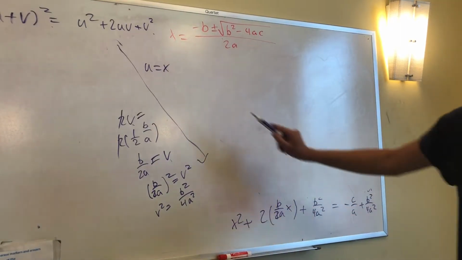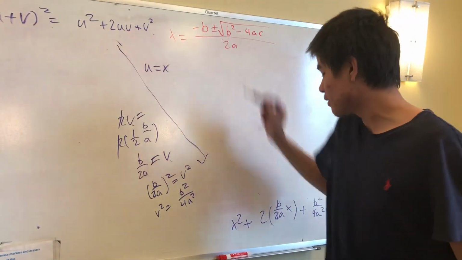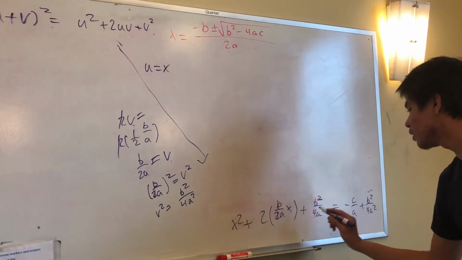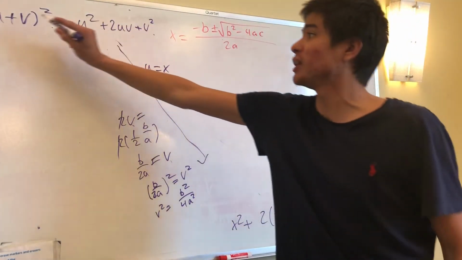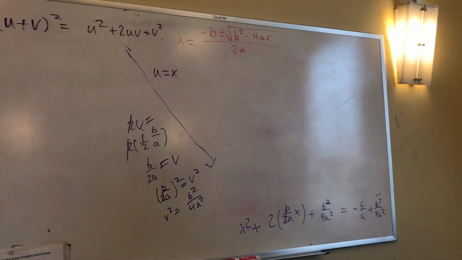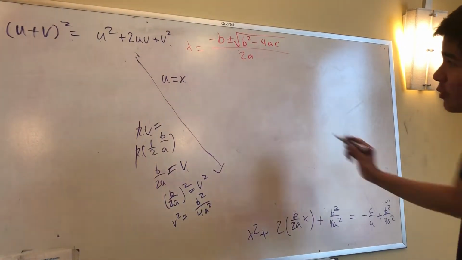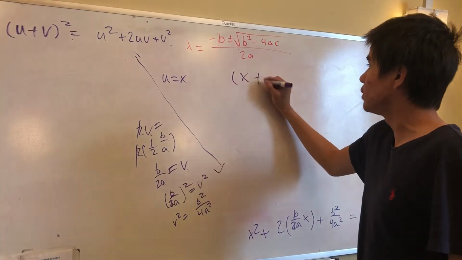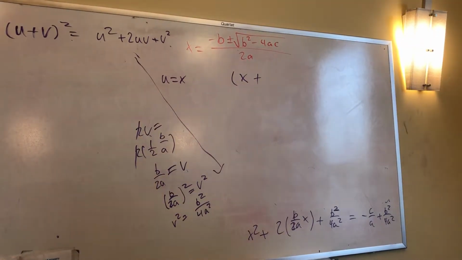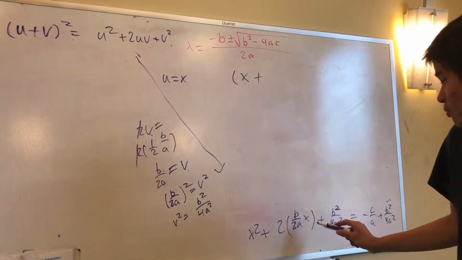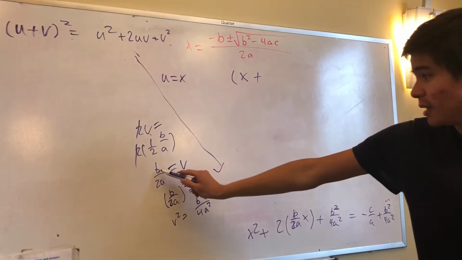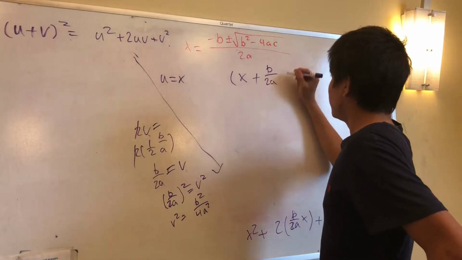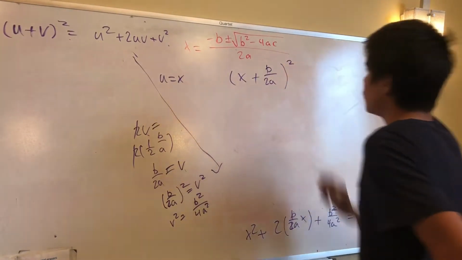If we have completed the square here, we can take our function from this format and condense it down to this format. We set u equal to x, so we can write this as x plus, what is v again? Well, v is equal to b over 2a, so that's x plus b over 2a squared.